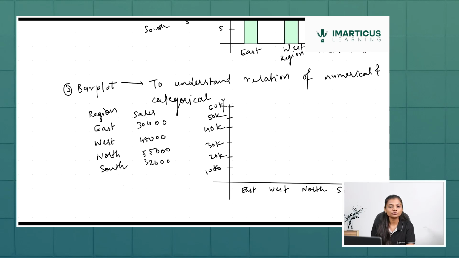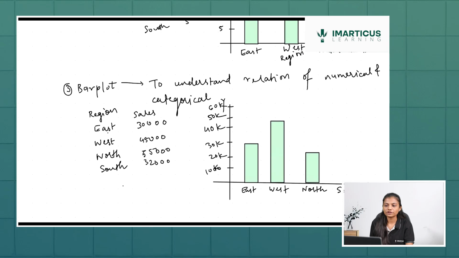So when I do this analysis, let's say I'll press Control E, and I'll try to copy this block over here. So east as a region was showing me how much sales, 30,000. West as a region was showing me how much sales over here, 45,000. And north as a region was showing me how much sales over here, 55,000.